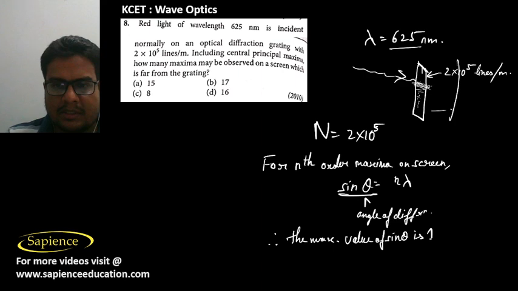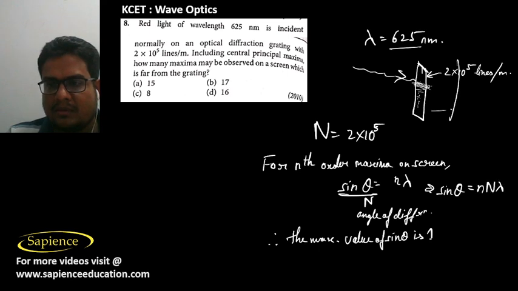Here sine theta by n is equal to n lambda. So I can say that sine theta will be equal to n into n into lambda. So n into lambda is equal to 1. So the number of maxima that we found is 1 by n lambda.